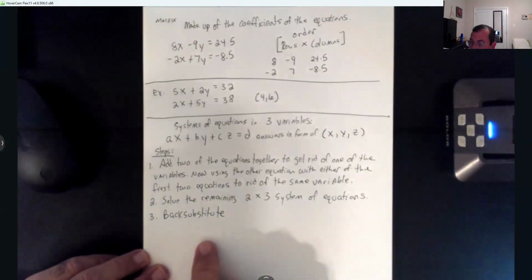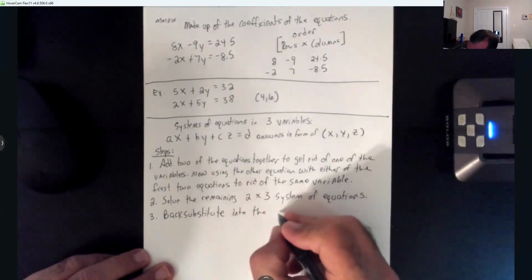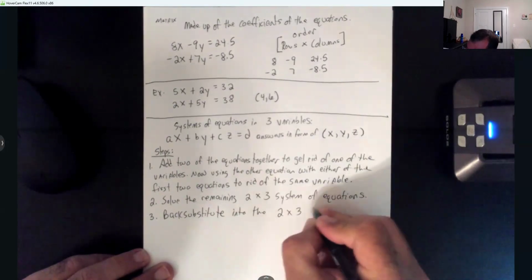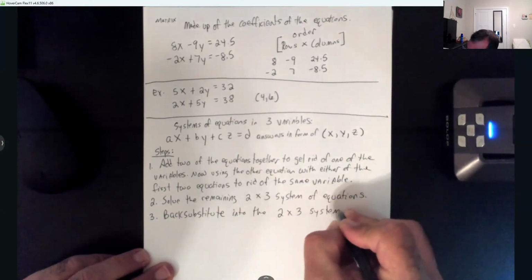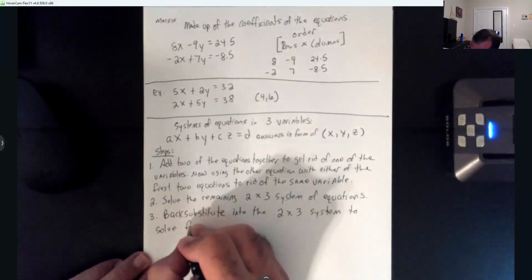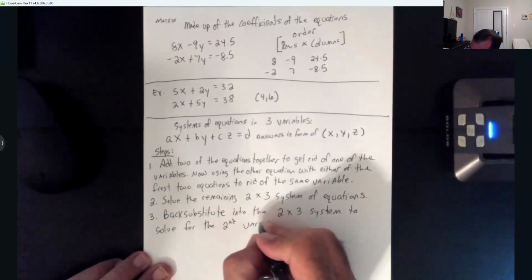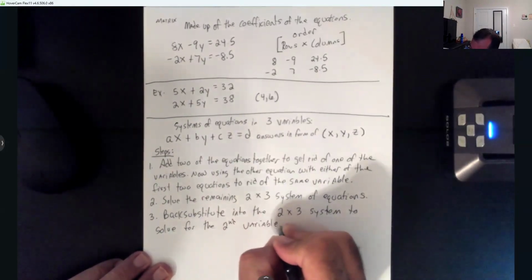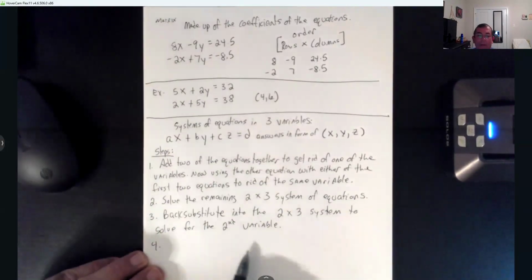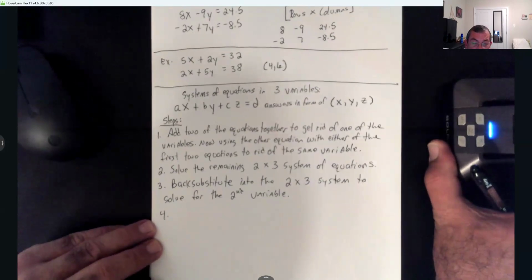So I'm going to back substitute into the 2x3 system to solve for the second variable. After I've solved for the second variable, I've got two of the three variables.